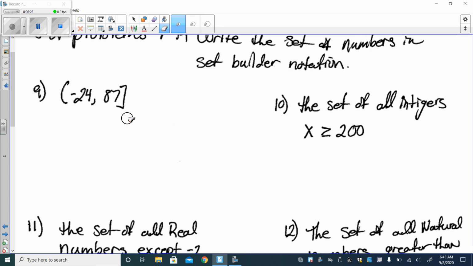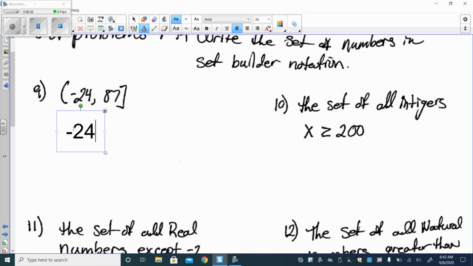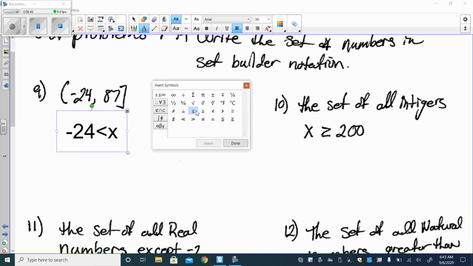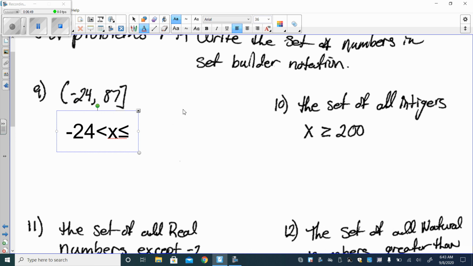It doesn't look quite nice, so I can type it out. Negative 24 is less than x, and I'd have to get my less than or equal to 87. That is our inequality statement, or our description of what's going on here.